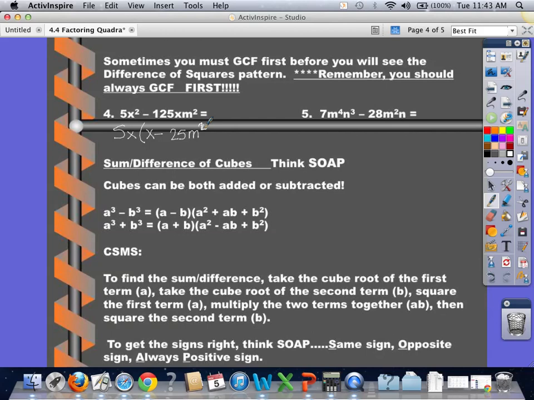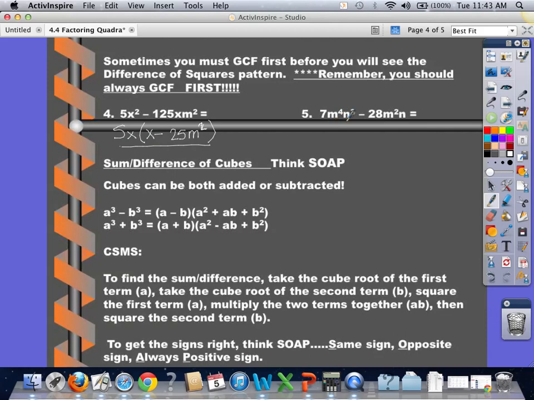So it's going to be 25m squared. We took an x out. This one's just simply 5x times the quantity of x minus 25m squared. Because we had an x in common with both, and 25 and m squared would break down, but this does not. It would have to have a square right there when it breaks down. This one is gone.